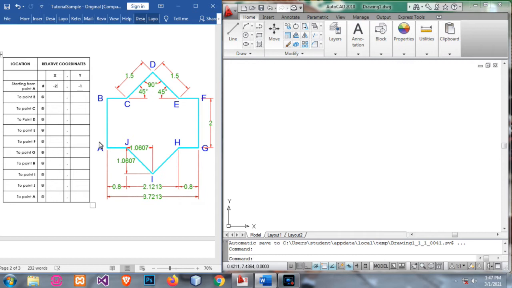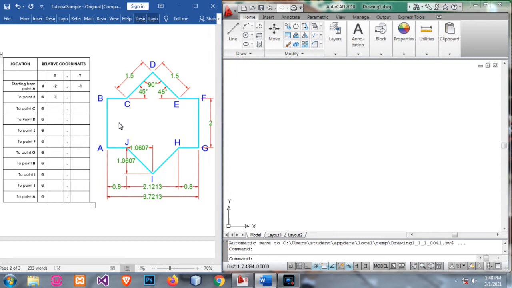So from A to B, we move upward. That means we are going to use a positive number, which has a distance of 2. So the current value now for your A is 0, 0. There is no movement for your x-axis, so for your x, we will just input 0.